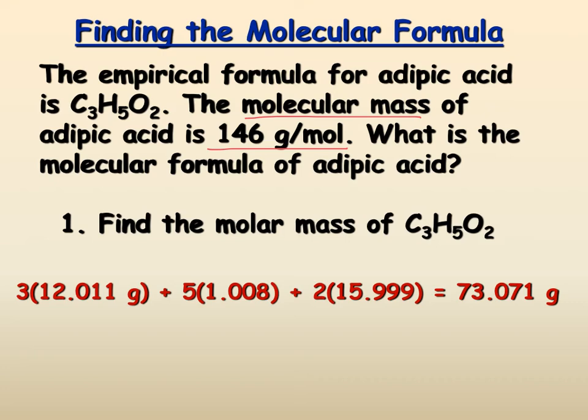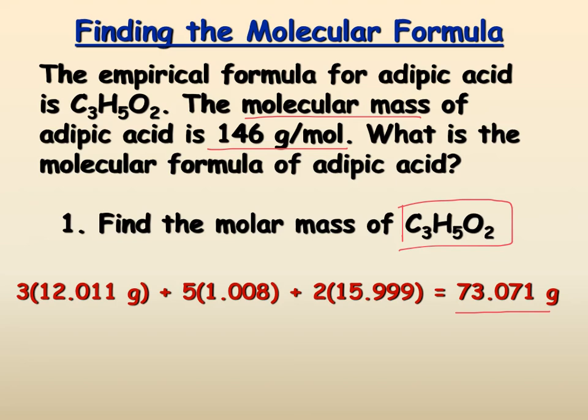You'd have to know what the molecular mass of the compound is in order to determine the molecular formula. So when doing that, your first step is to take your empirical formula and find the molecular mass of that. Alright? So our empirical formula has a molecular mass of approximately 73 grams.